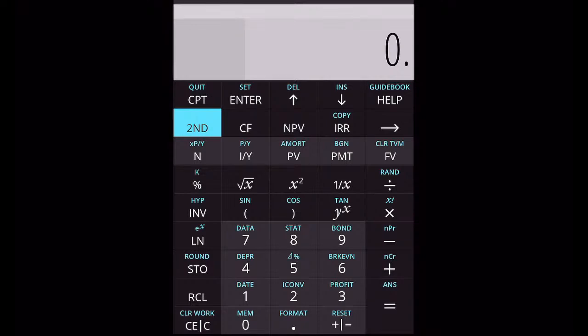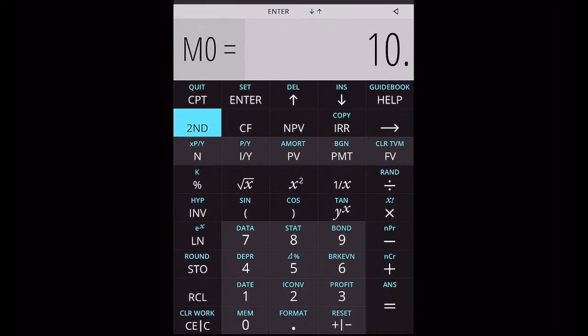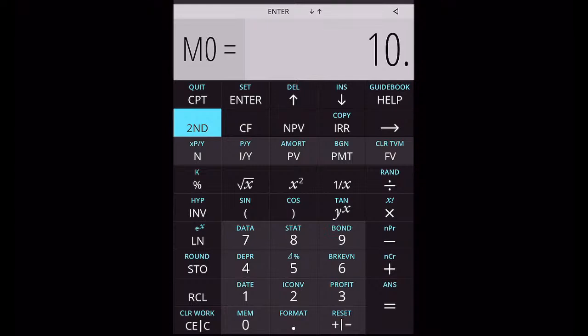So let's say I want to recall 0 and divide it by recall 1. So 10 divided by 100 is 0.1. The difference is that memory just shows me what I put in there, but using recall, I can make calculations with the numbers on the screen.